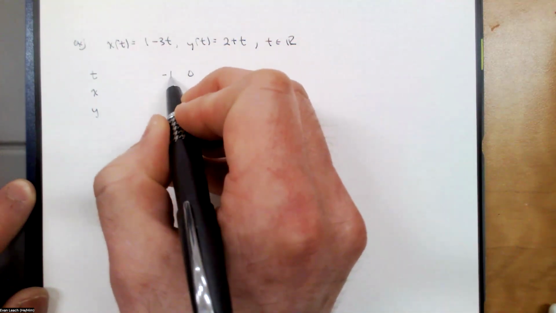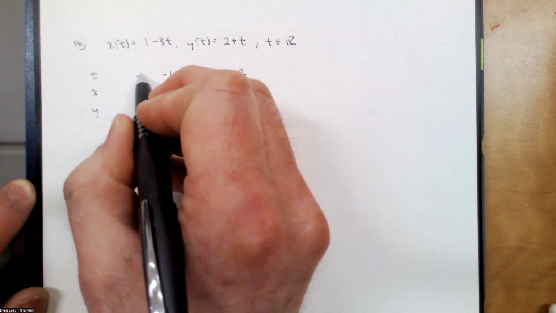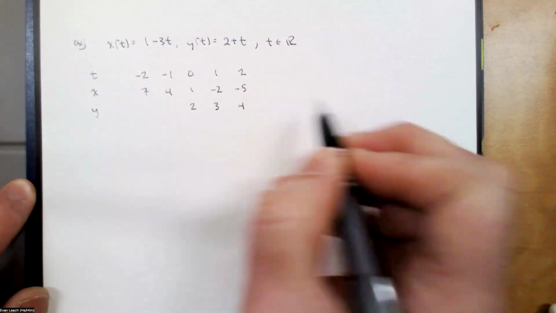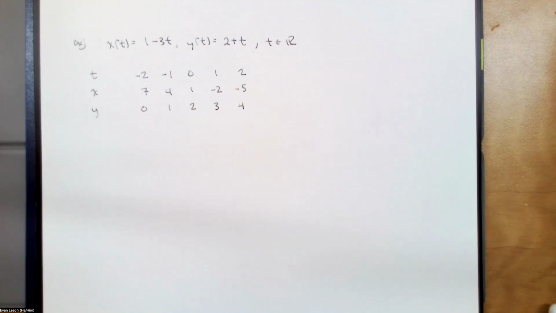If I start going the other direction, at -1, 1 plus 3 is 4. And at -2, 1 plus 2 threes is 7. We start to get a familiar collection of points, but we're going the other direction.